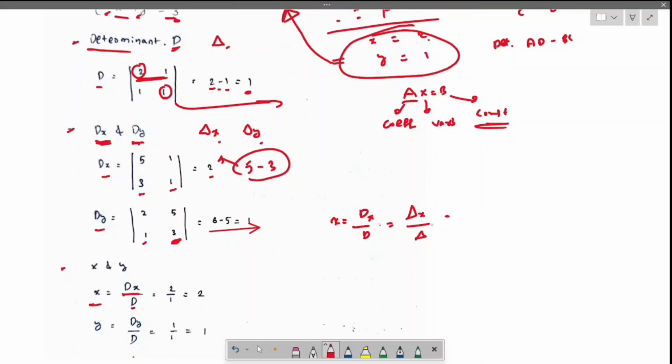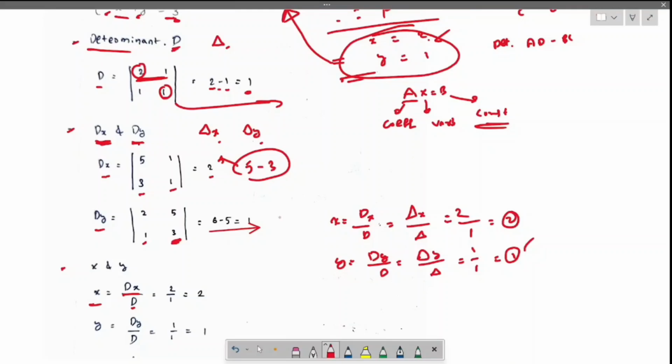We got Dx as 2 and D as 1, so x is 2. Is it satisfied? Yes, this is satisfied. Now let us go for y. y equals Dy by D, or delta y by delta, which is 1 by 1, which is 1. Satisfied? Yes, satisfied.